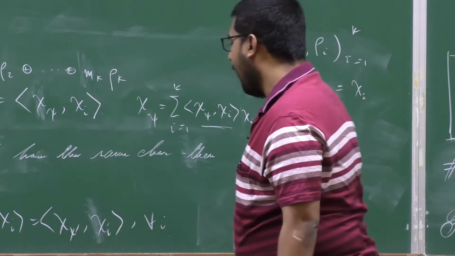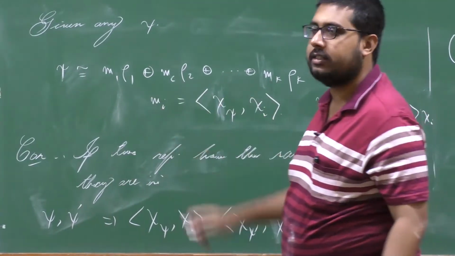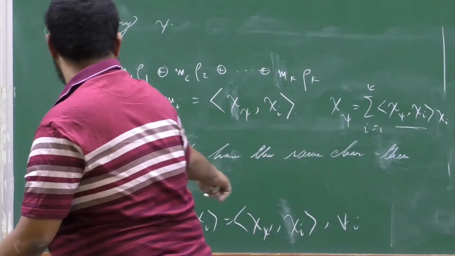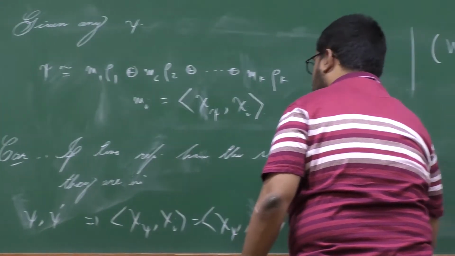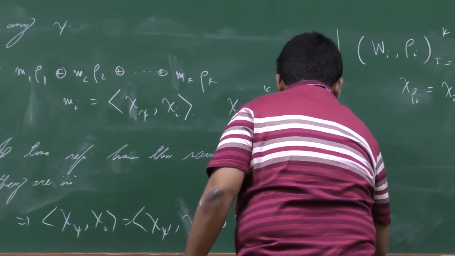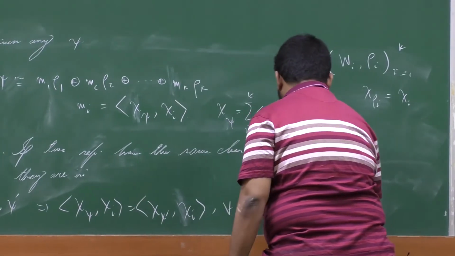And what is this? This is exactly the number of times rho i occurs in psi, and this is the same as the number of times rho i occurs in psi prime. So this forces psi to be isomorphic to psi prime, since these numbers are the same.